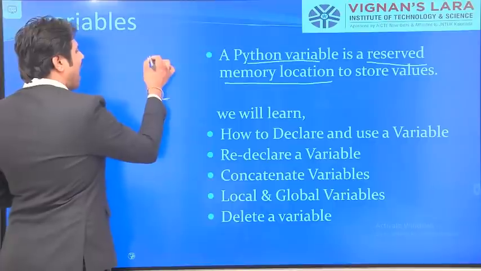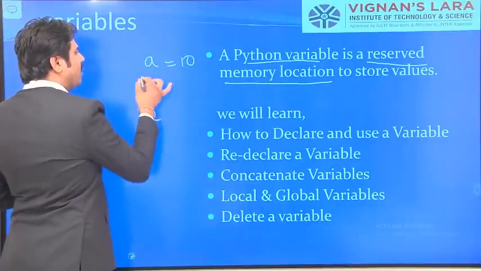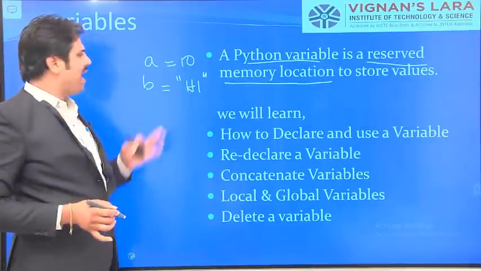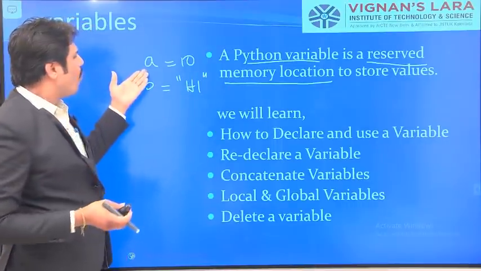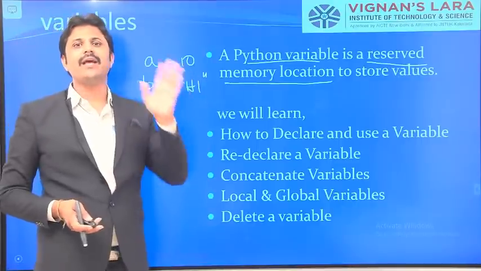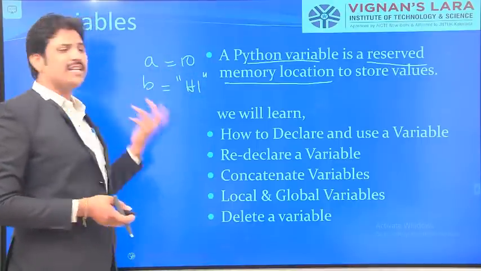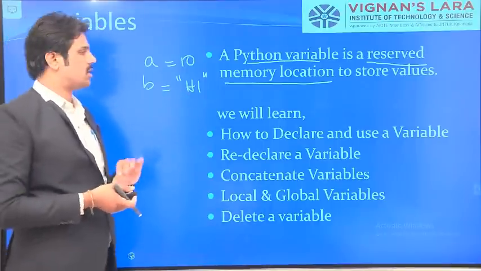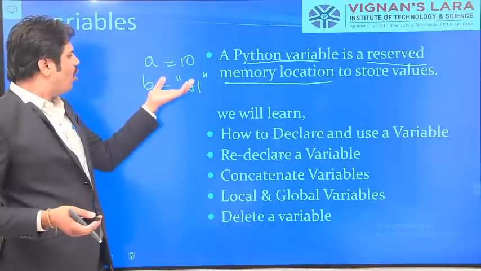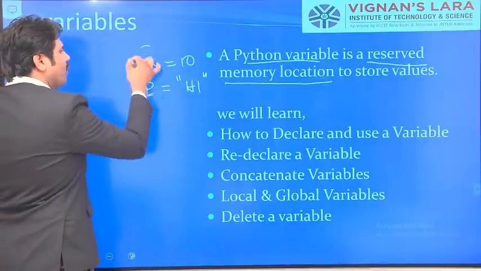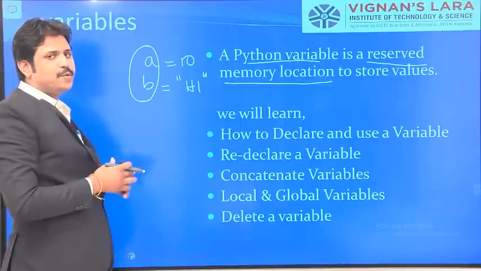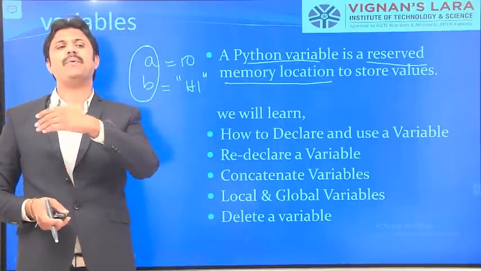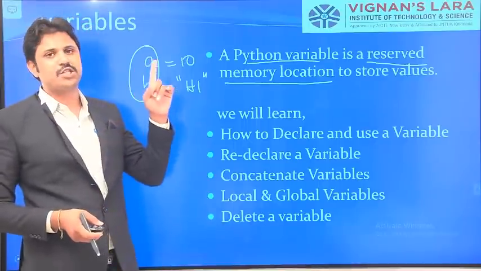Previously I said A equals 10, B equals hi. I read the statements. Here, what is the data type of A? A is an integer, it is very clear. And what is B? B is a string or character or anything. In the previous programming languages you learned, C, C++, everything, data types must be mentioned.